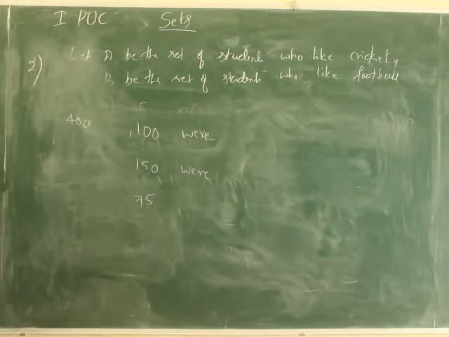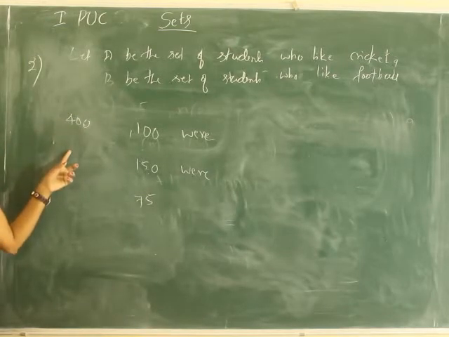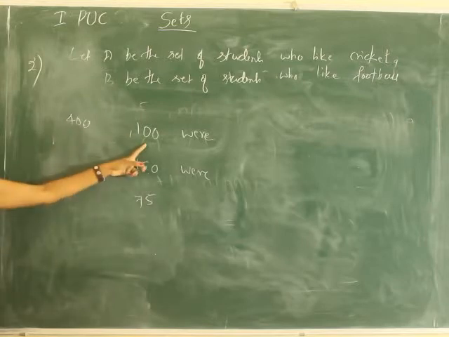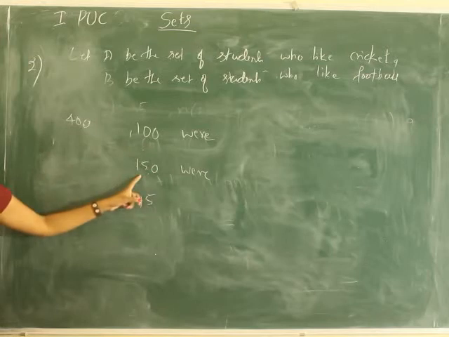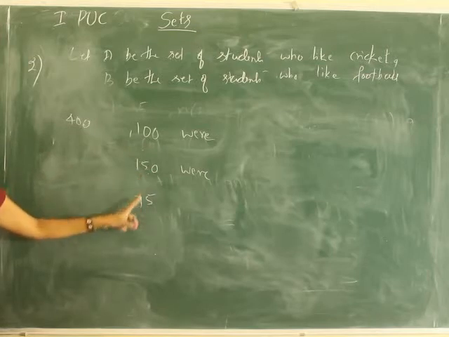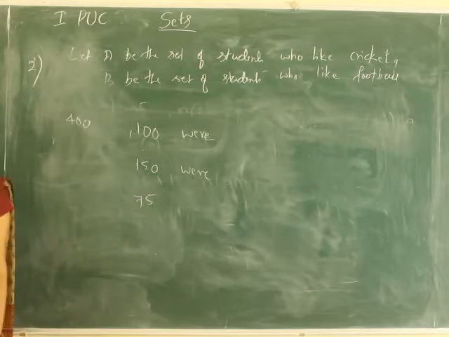So what is given in the question? In a survey of 400 students, we found that 100 were taking apple juice, 150 were taking orange juice, and 75 were taking both apple and orange juice.